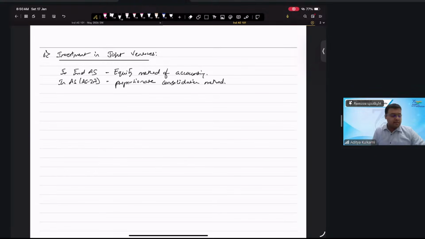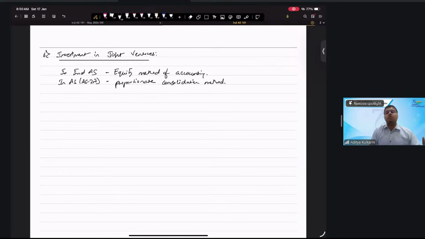The other side is under AS, because you would have paid something for acquiring interest in a joint venture, which we call a purchase consideration. Against that purchase consideration, you would be recording your assets and liabilities, yes or no? Therefore, is there a chance of goodwill arising under AS?